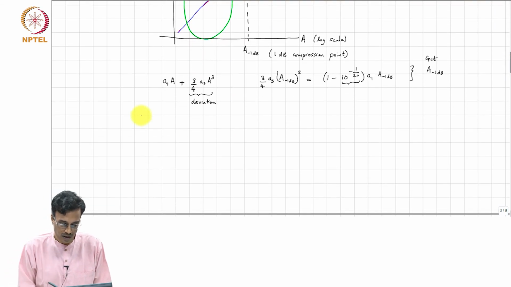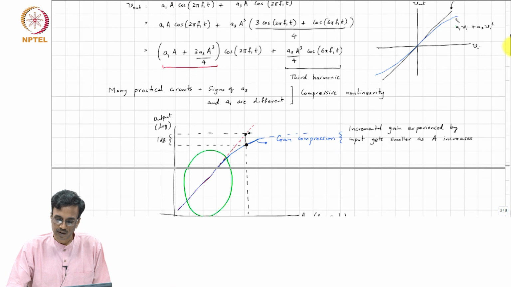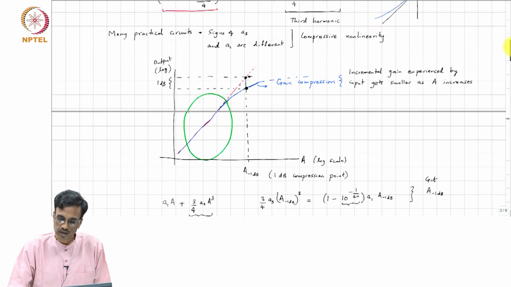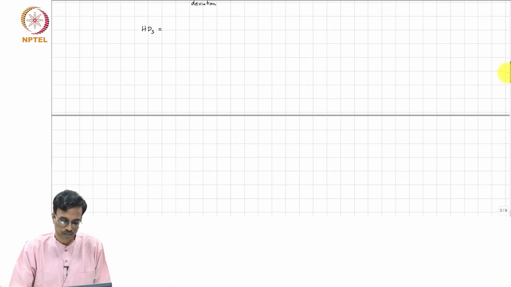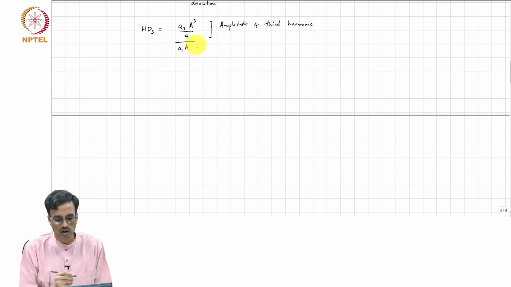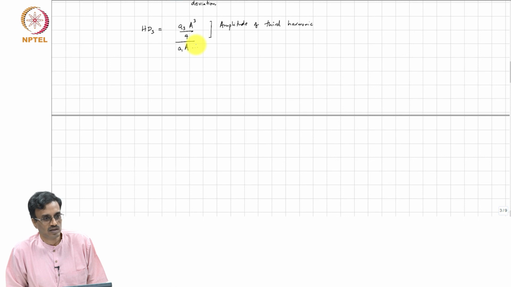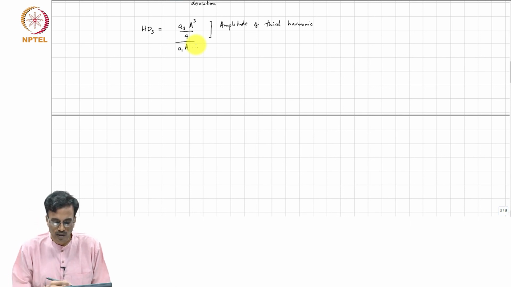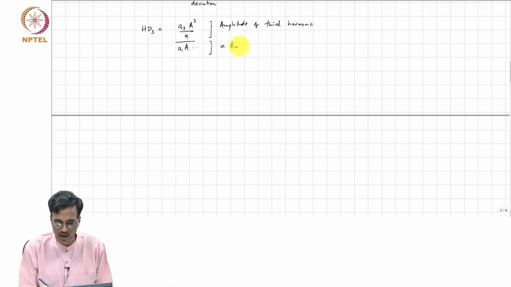So, as we did yesterday, HD3 is simply the ratio of the amplitude of the third harmonic to the fundamental, and that as you can see is A3 times A cube by 4, which is the amplitude of the third harmonic, divided by A1A, and there is actually also another term there, but that is so small, hopefully, that it can be neglected.